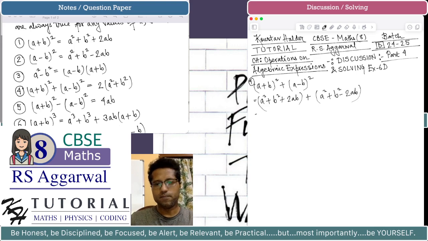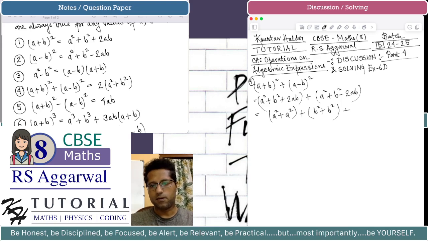As you can see, if you collect the like terms and add them, you have a square plus a square, plus b square plus b square, and plus 2ab minus 2ab. So this is equal to twice a square plus twice b square, and these two terms cancel out. So we get twice of (a square plus b square).